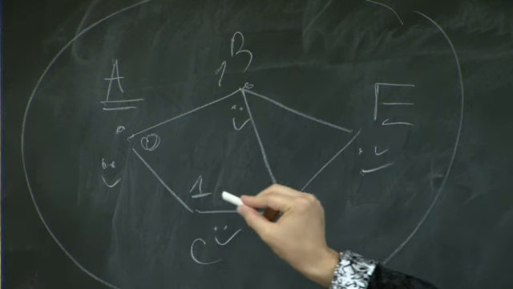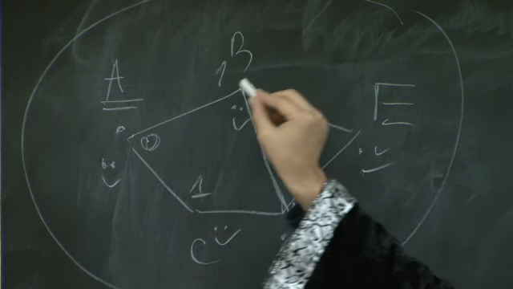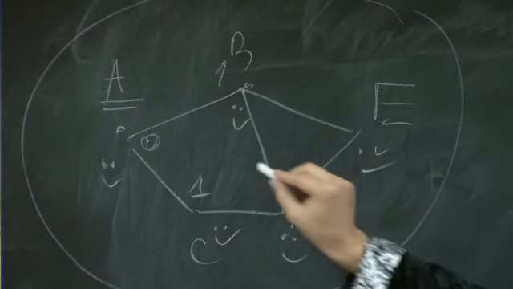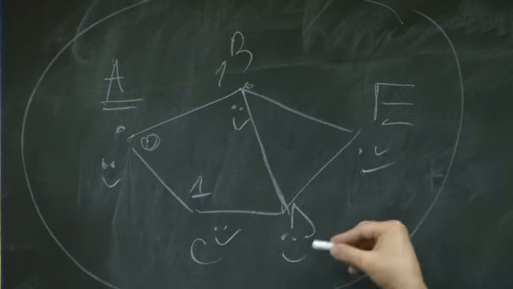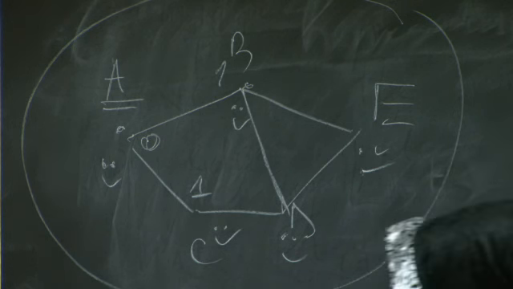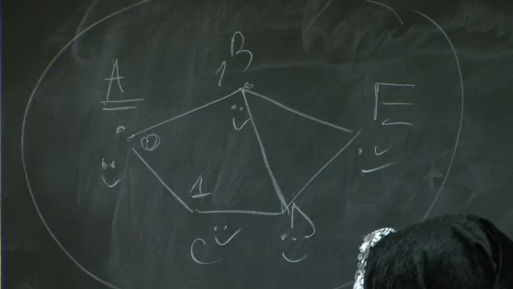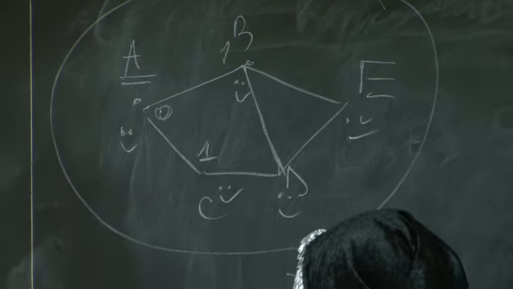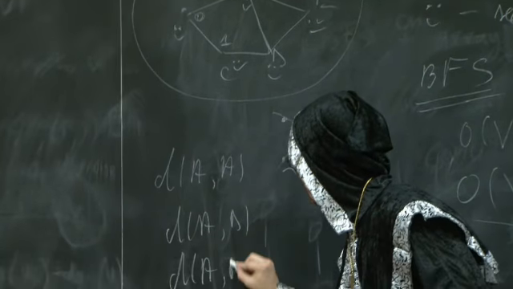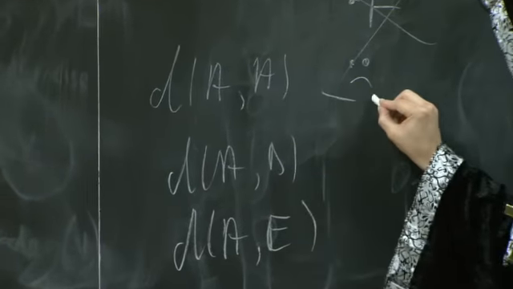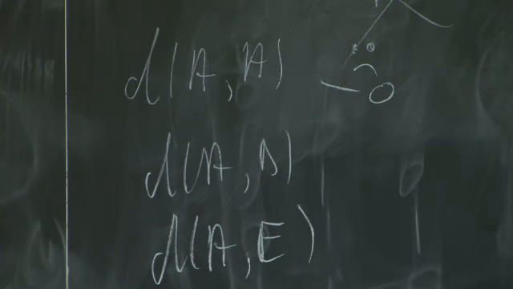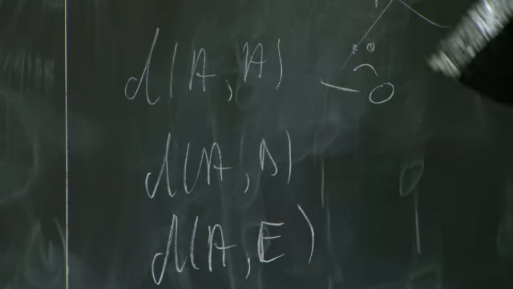B has 3 neighbors, A, D, and E. So I care about the distances between A and A, D, E: distance AA, distance AD, distance AE. This one's 0. How about the distances between A and D and A and E? They're 2.